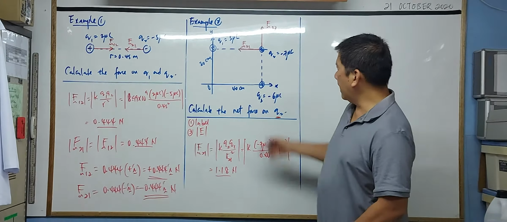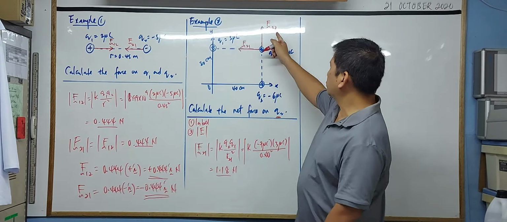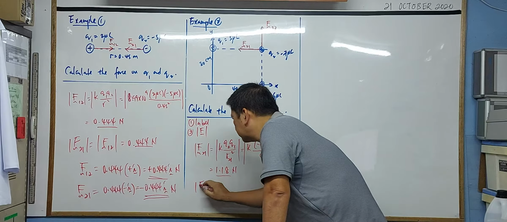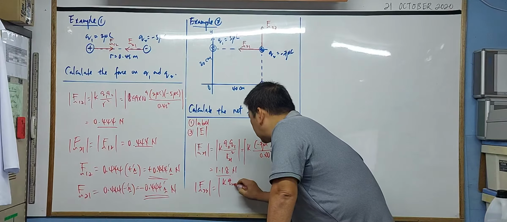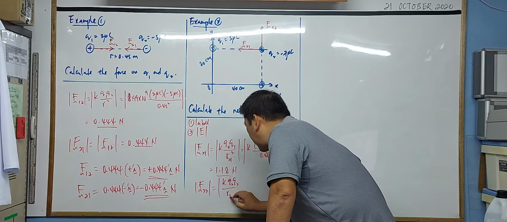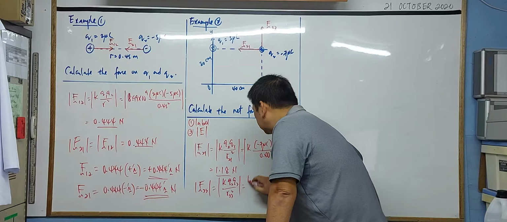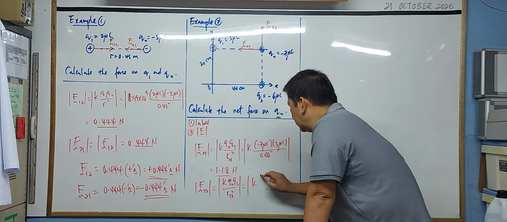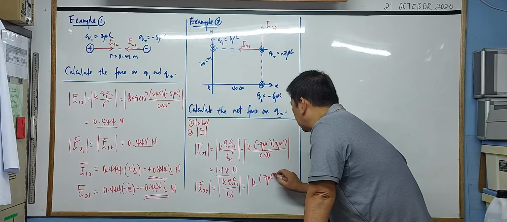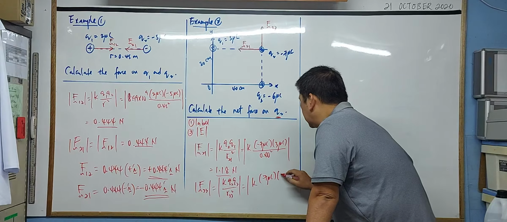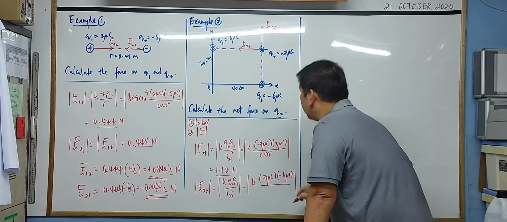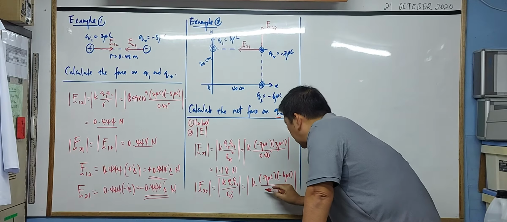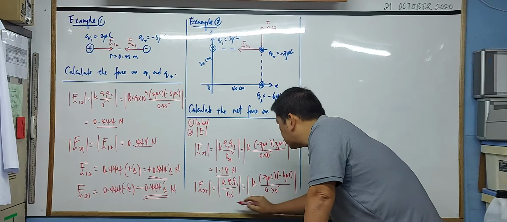Then come to the next one, our force F23. That is k Q2 Q3 over R23 squared. This is -7 microcoulomb, and here is -6 microcoulomb, divided by the distance. Now this distance is 30 cm, so 0.30 squared.